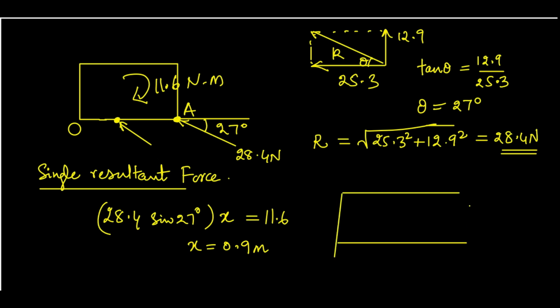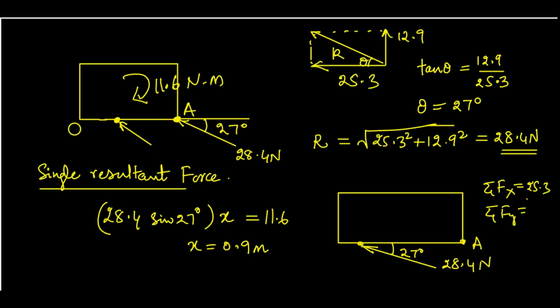So if you replace that force and moment by a 28.4 newton force acting at 27 degrees, then your sigma Fx will be the same, 25.3, sigma Fy will be the same, 12.9, and the moment about A will be the same, 11.6 newton meters.